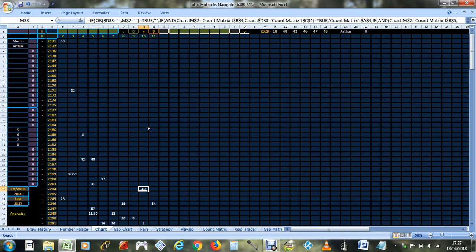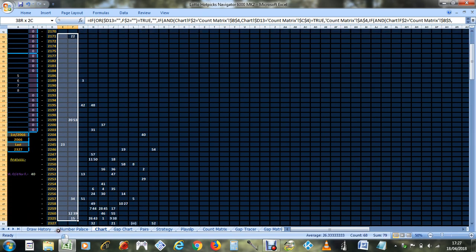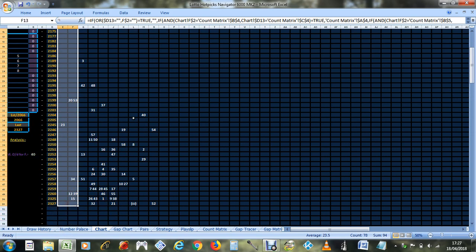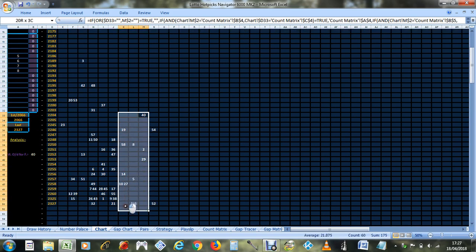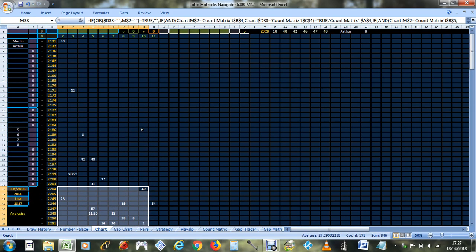Now, looking at this chart, you would probably think that 22 is most overdue for its frequency because it's nearest to that top right corner. However, when you look at the area of this rectangle, and compare it to the area of this rectangle, you can see that this one is bigger. So that means that this number, even though it's not nearest to the top right corner, it is the most overdue for its frequency.